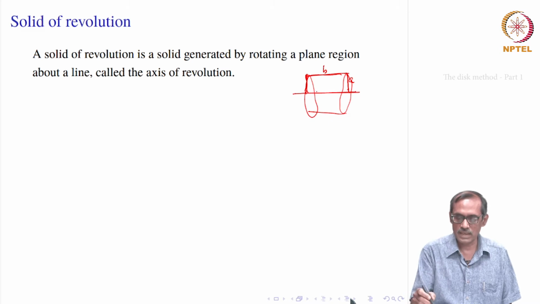Similarly, it need not be a rectangle. It can be some other planar region, and the straight line may not be intersecting or even touching that planar region; it can be somewhere else. If you revolve the area around this line, you would get a solid of revolution, and we want to compute the volume of such a solid.